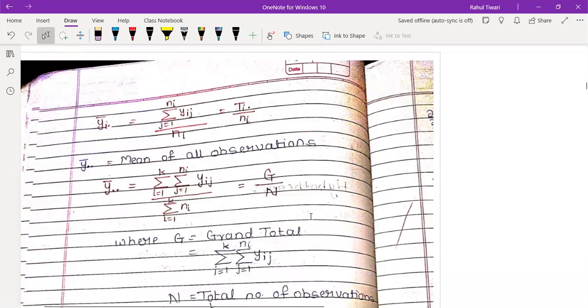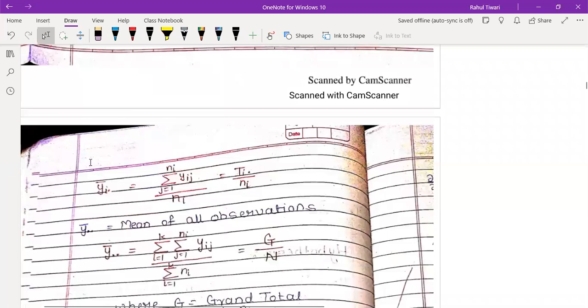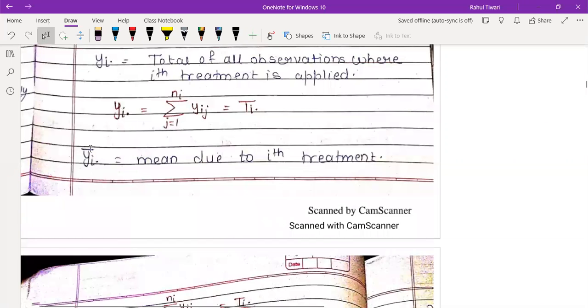Mean of all observations. See, when I attach the bar to Y, the mean comes. If there is i, that means mean due to ith treatment. If dot j is written here, what does it mean? Mean due to jth treatment.